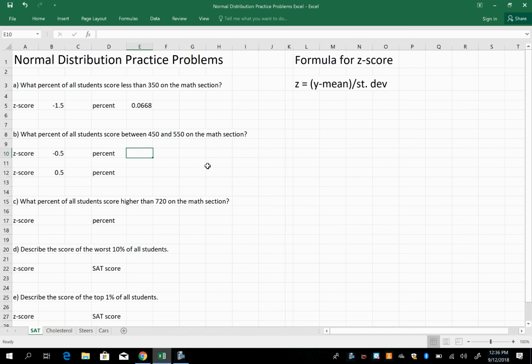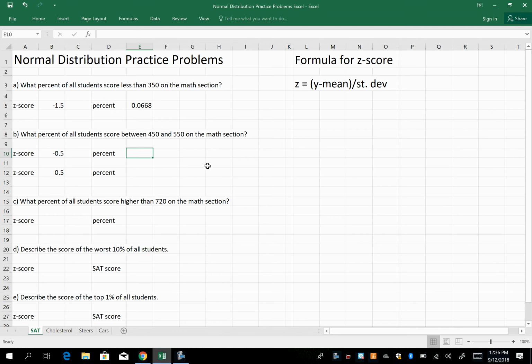The percentage. Similar to what we did before, I would like to do some shading. I'm going to draw a curve. You should draw this curve as well. Here is 0. Where are our z-scores? We got right and left.